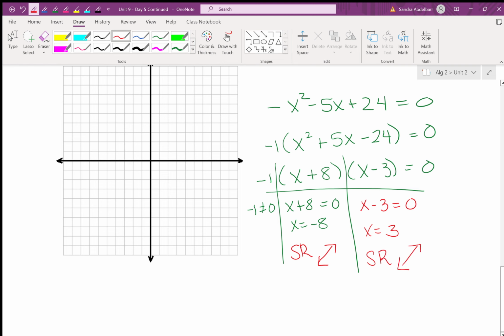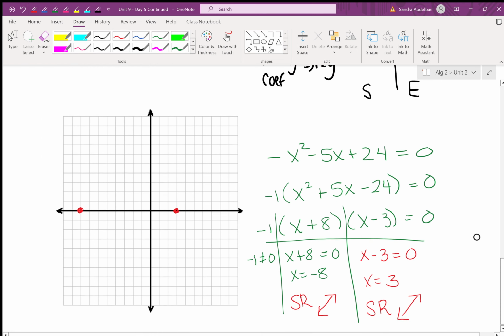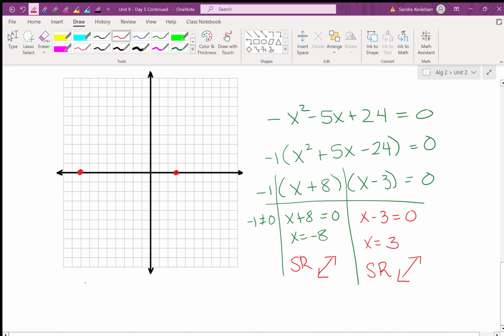Okay, so let's plot our roots. We're at negative 8 and at positive 3. Do you all agree we're starting in quadrant 3 and ending in quadrant 4?